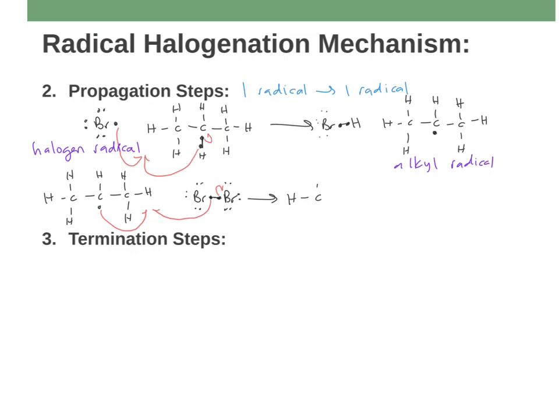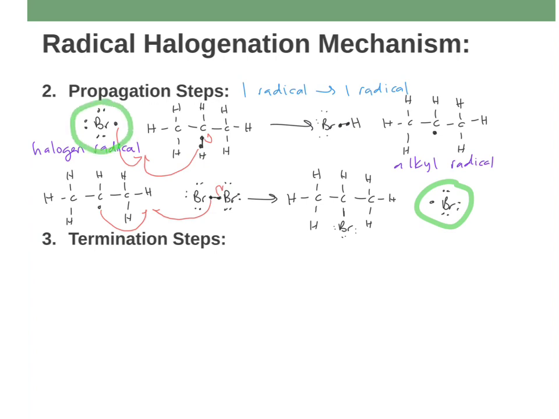It's going to give me a new carbon-bromine bond, where I've just made that new carbon-bromine bond. And it's going to give me a bromine radical. Now you'll notice that this bromine radical sure looks a lot like this bromine radical.